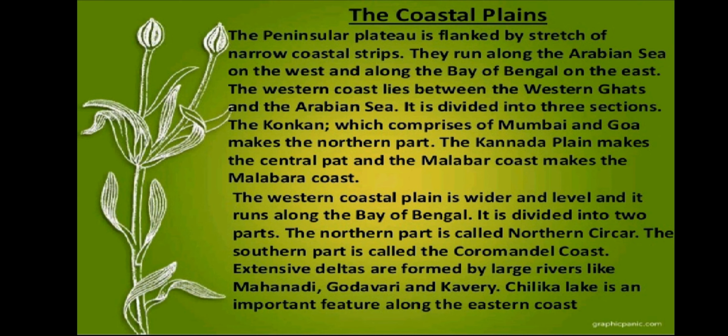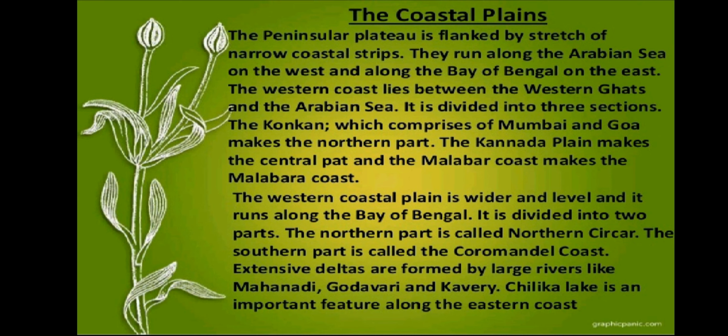All the major rivers form a delta because we have already studied in the plateau that its slopes are towards the eastern part. That's why deltas are there, and they make the land fertile because they carry with them alluvium and silt, which is deposited on the banks of the river.